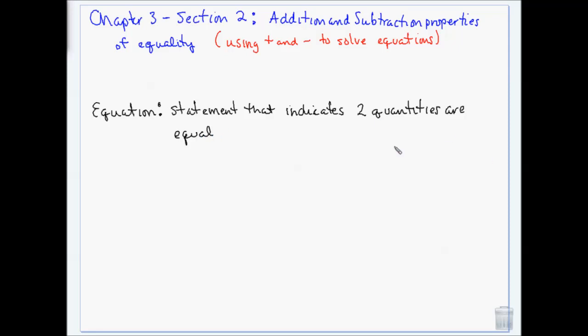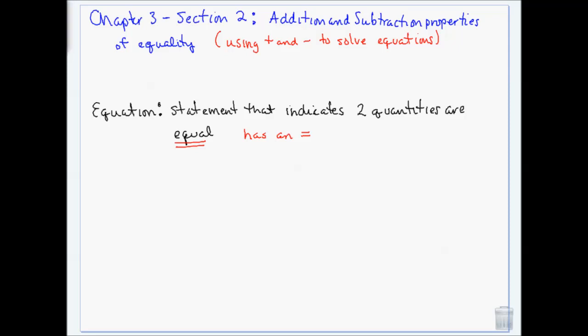And that's the key, equal. An expression had no equal sign. An equation has an equal sign. So we can simplify expressions, but we can't solve them. Equations we can solve.